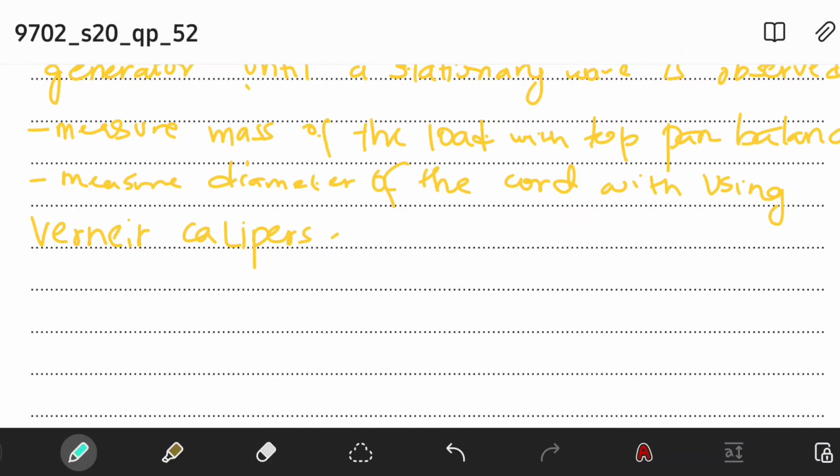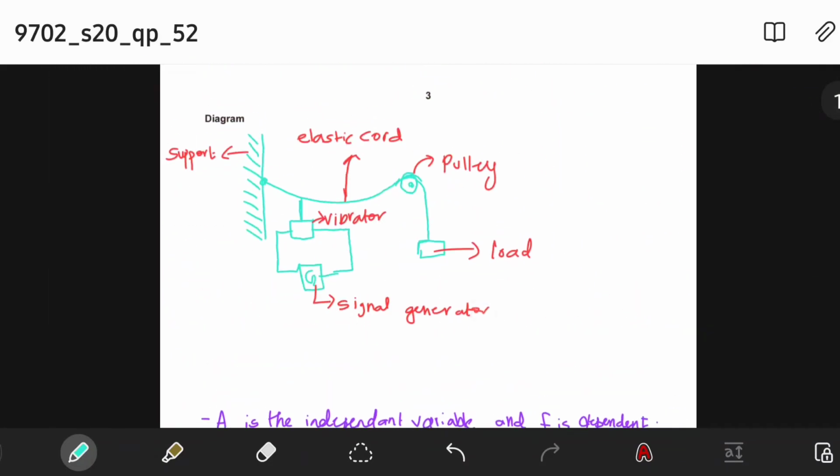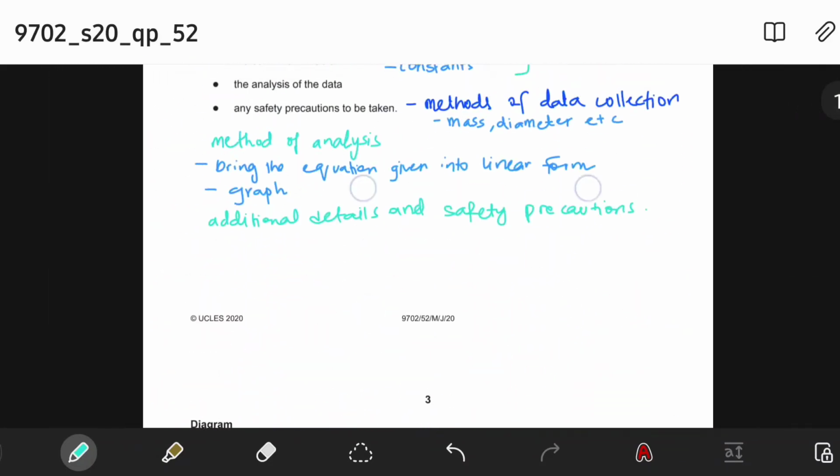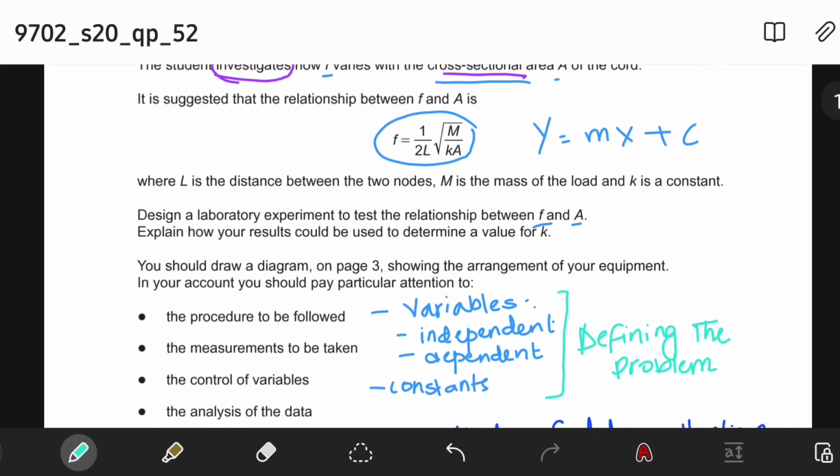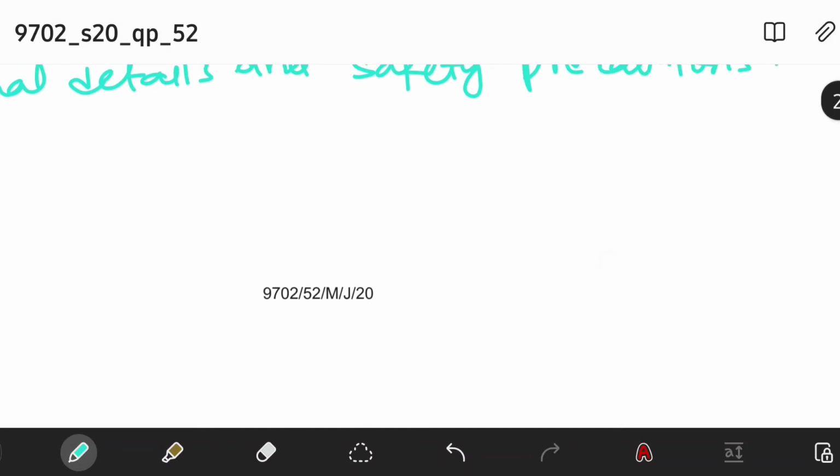Now let's write about our method of analysis. For a graph, we need to convert the equation into a linear equation. So let's see how to do that. 1 over 2L under root M over Ka. This is our equation.